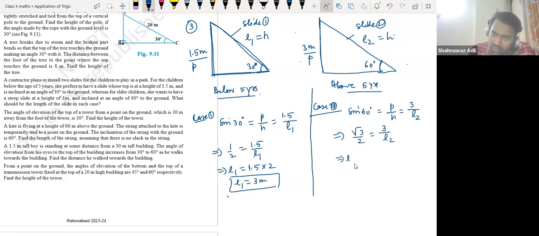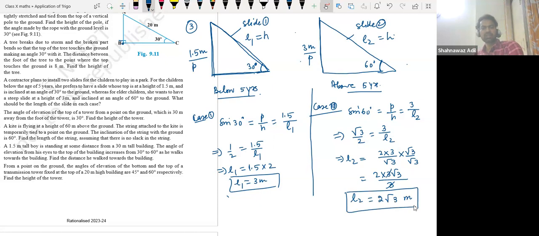So L2 would be 2 into 3 by root 3. If we rationalize this thing, 3 by root 3, so this is 2 into 3 root 3 by 3. 3 will cancel and this is 2 root 3. So this is the length of the second, elder one. Is this thing clear, Rifa?